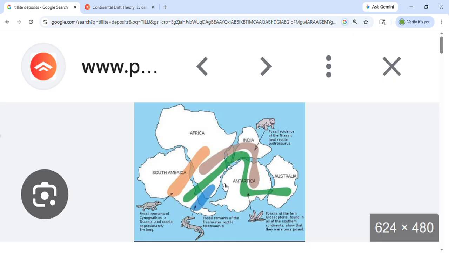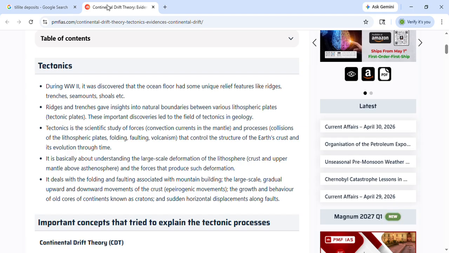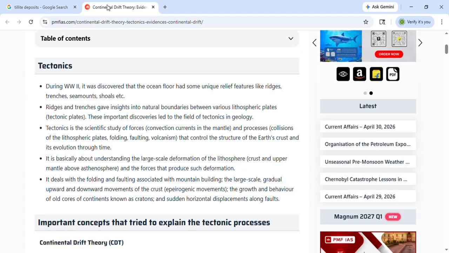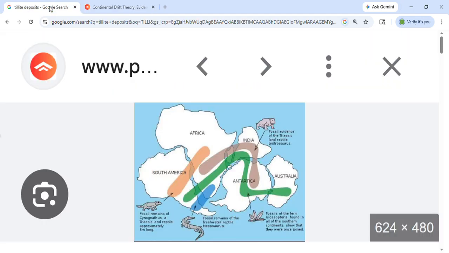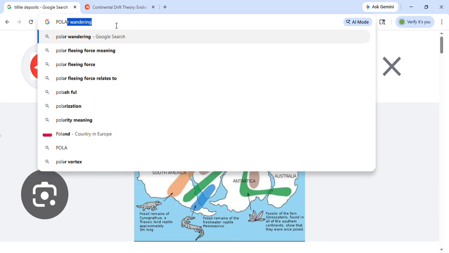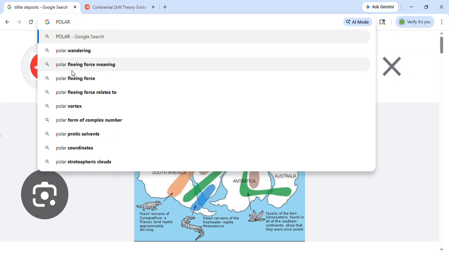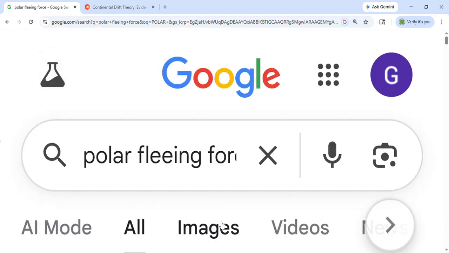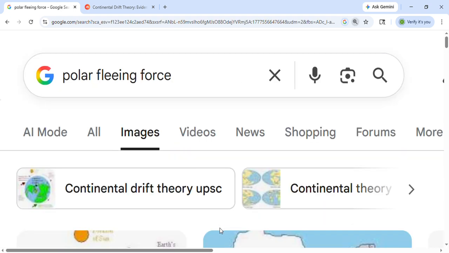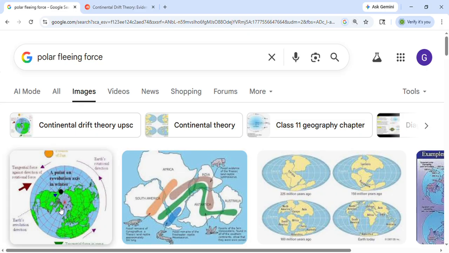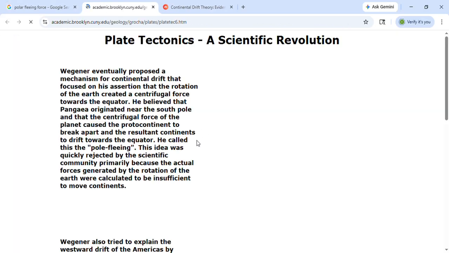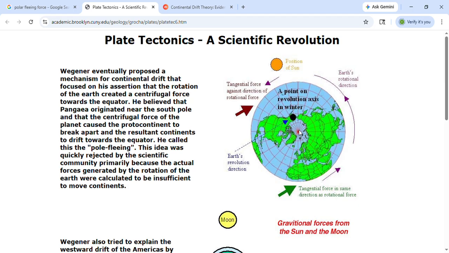So the next question: Wegener cited the polar fleeing force. Why was this criticized by later scientists? If the next question is asked like this about the polar fleeing force, why was it criticized?